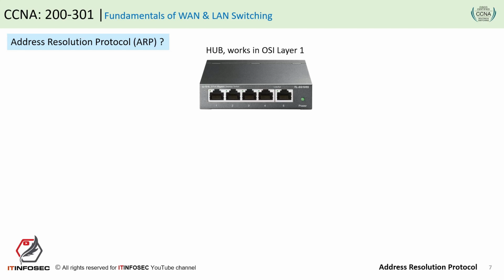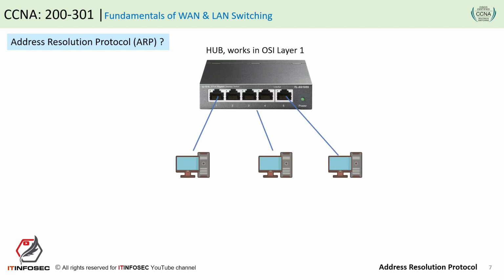The hub works at OSI layer 1, which means the physical layer. It is just used to take the signal and repeat it from the other ports, like this.